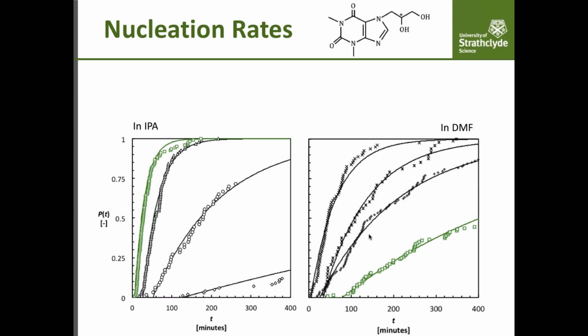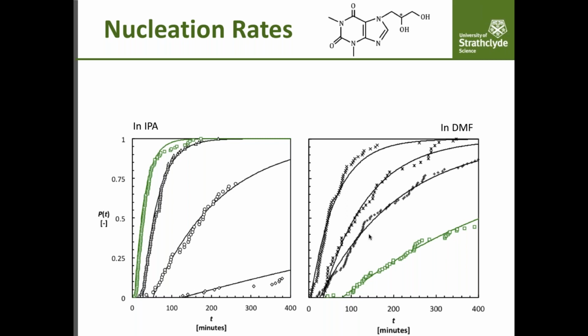So you see that in IPA the probability rises to 1 much faster than in DMF. So that means that the nucleation rate at the same supersaturation is much higher in IPA than in DMF.